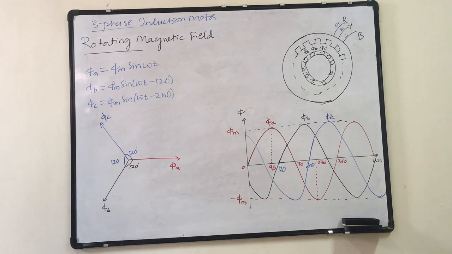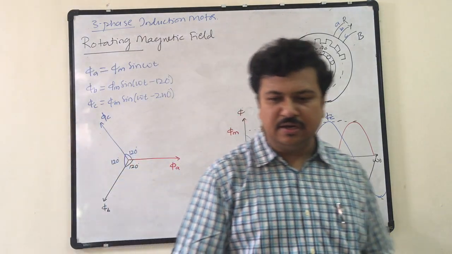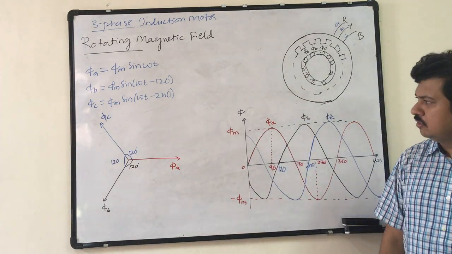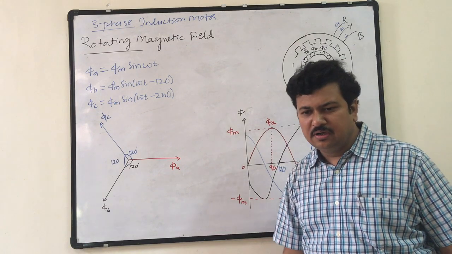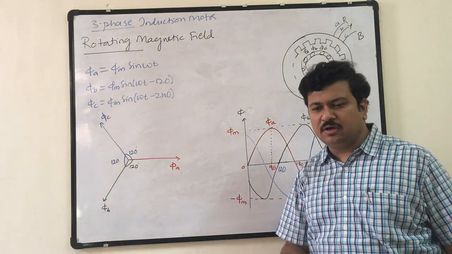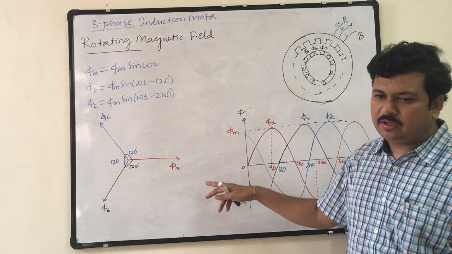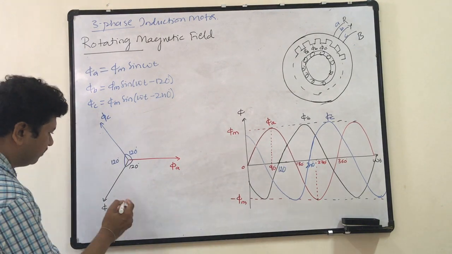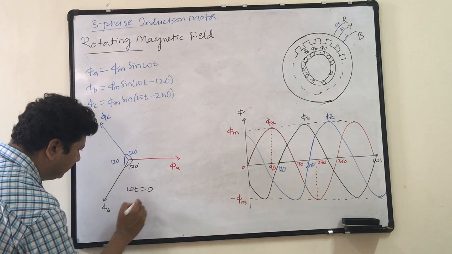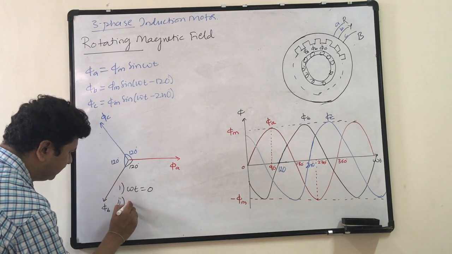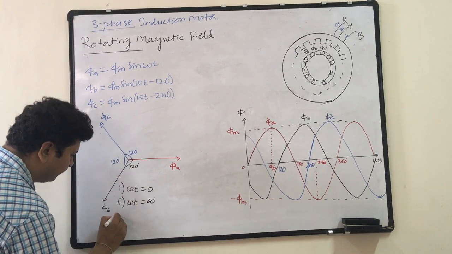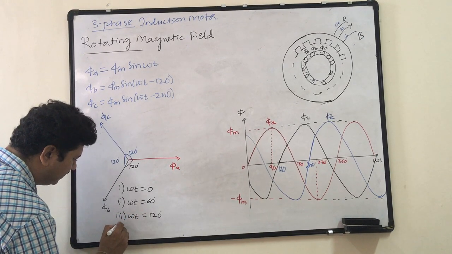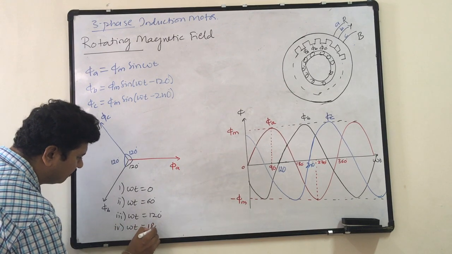Now I will be considering various phase angles, that is, various omega t's. When I change this omega t to various values, we will study vectorially how the interaction of the fluxes occurs. So I will consider some cases. The first case, omega t equal to 0. The second case, omega t equal to 60. The third case, omega t equal to 120. The fourth case, omega t equal to 180, and so on.